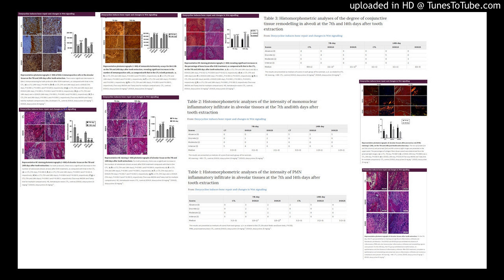On the 14th day after tooth extraction, the immature granulation tissue is replaced by mature connective tissue, which is characterized by decreased inflammatory infiltrate, increased bone formation, the expression of matrix remodeling enzymes, matrix metalloproteinases MMP-2 and MMP-9, markers of bone formation, maturation, and chemokines and receptors associated with healing.